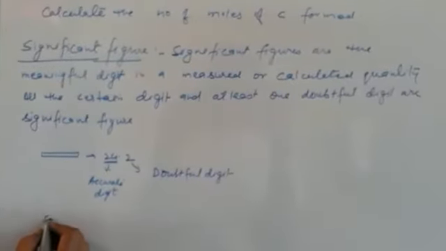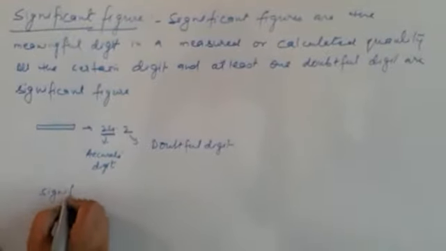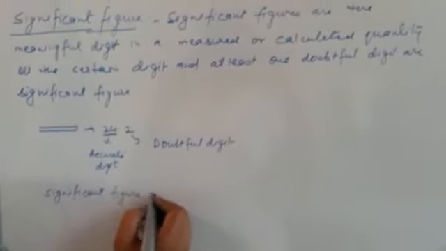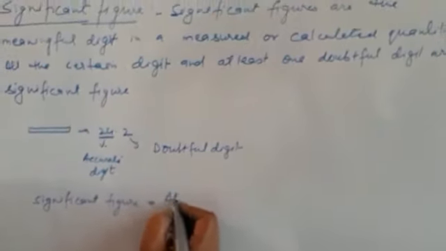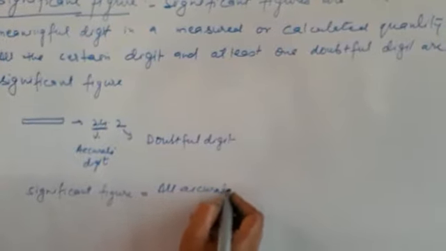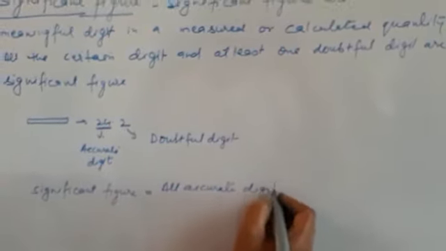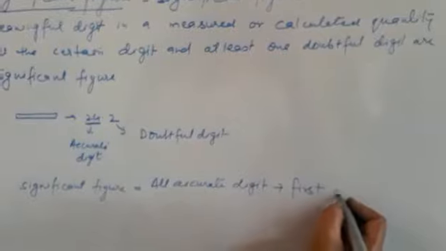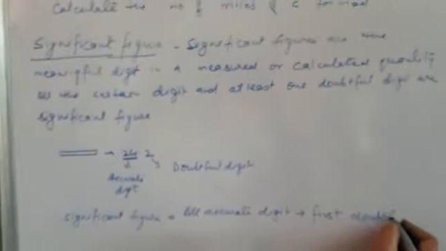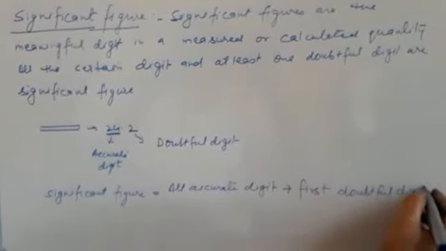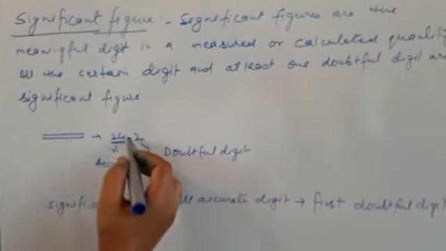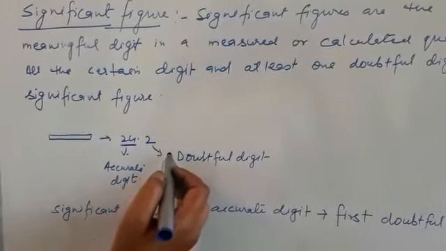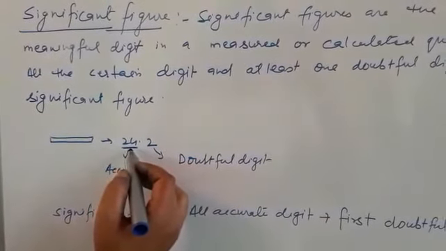So in a nutshell, we can say it is all accurate digits plus the first doubtful digit. It is called a doubtful digit because the value may come 24.8 or 24.12.